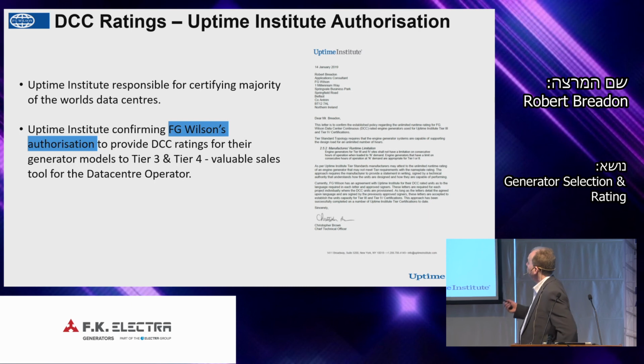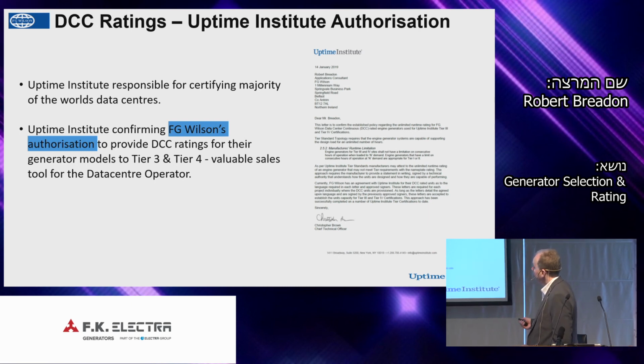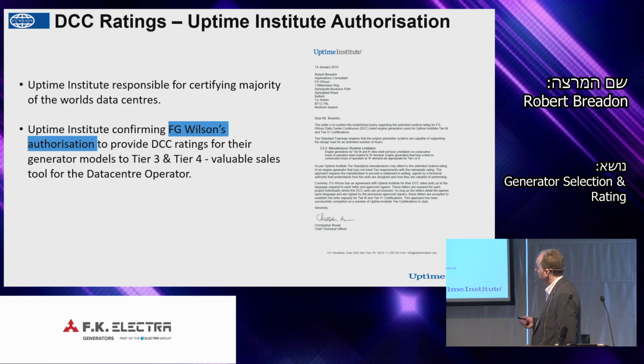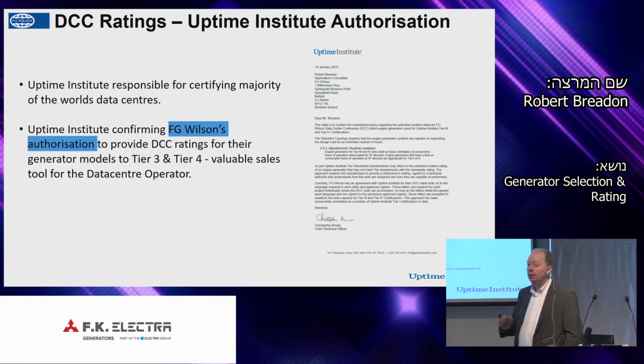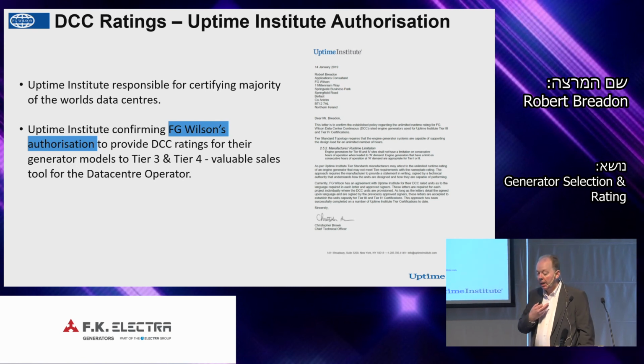So we work with the Uptime guys to be certified to deliver Tier 4 and Tier 3 certification approved models, what we call our DCC ratings. We are authorized to sign letters for applications.